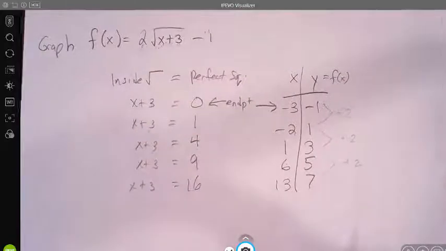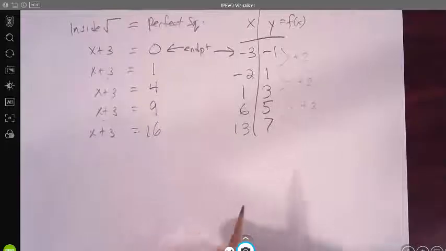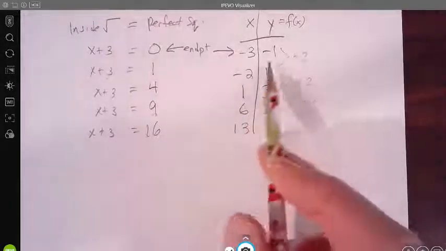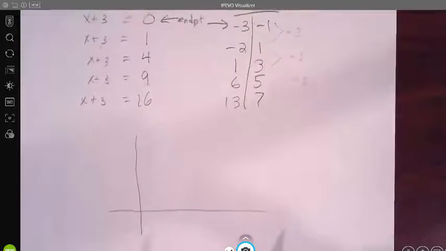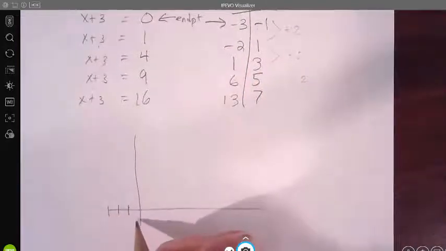All I've got to do now is plot these points and draw my curve. So mostly I have large positive values and some negatives. So -3, -1 would be down here.